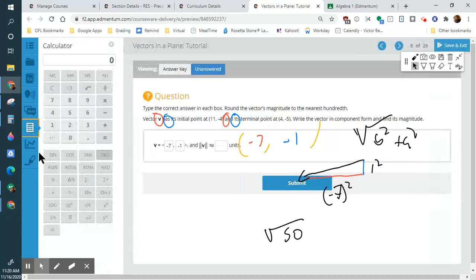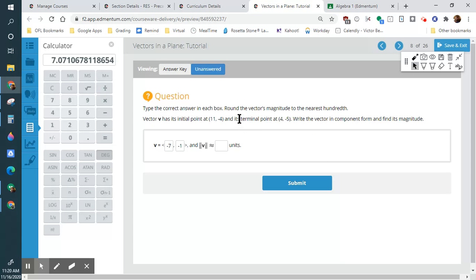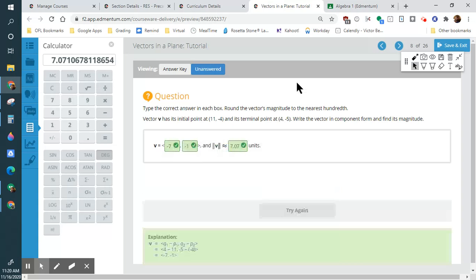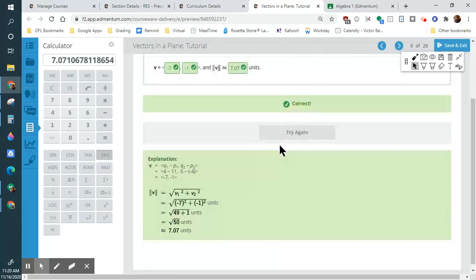If you want to use their calculator, that's fine. Just remember you have to put 50 and then hit the square root button. I don't know how many decimal places they want. Oh, nearest hundredth. What do I get for not reading questions? So 7.07 is what they want. Enter that, and that's all you have to do.